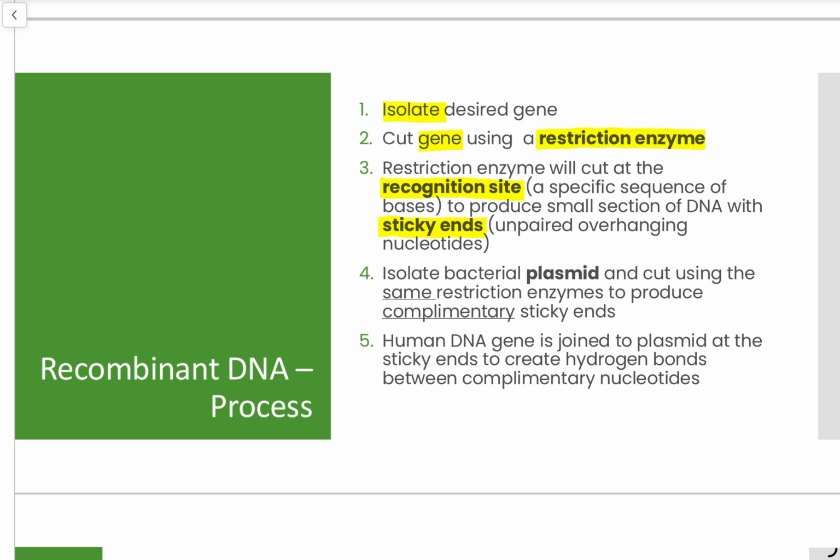With our fourth step, we're now going to repeat this process, but we're going to isolate a bacterial plasmid. And what we then do with this bacterial plasmid is we cut it, note, with the same restriction enzyme. Okay? And this produces sticky ends which are going to fit perfectly with the sticky ends produced when we've cut our gene from our target cell.